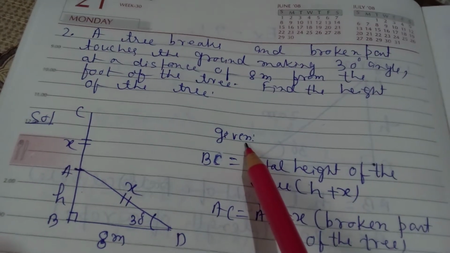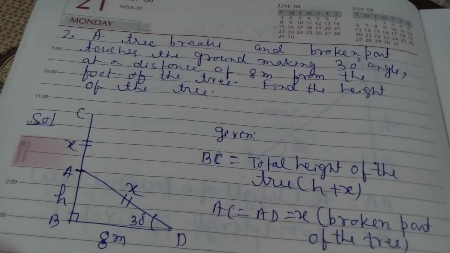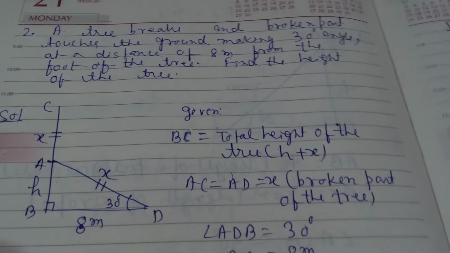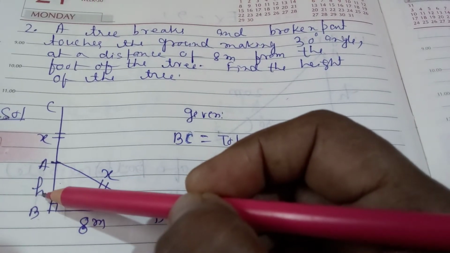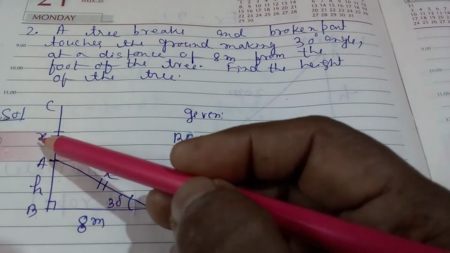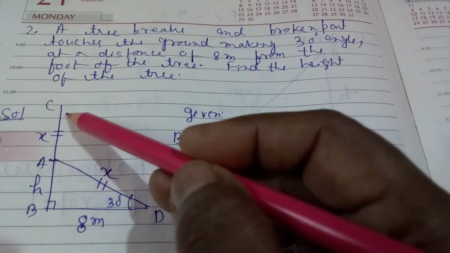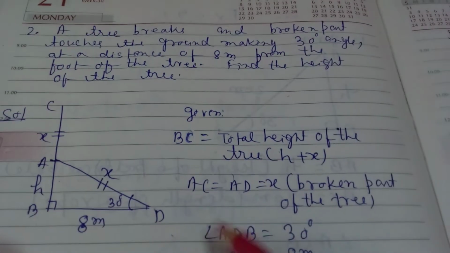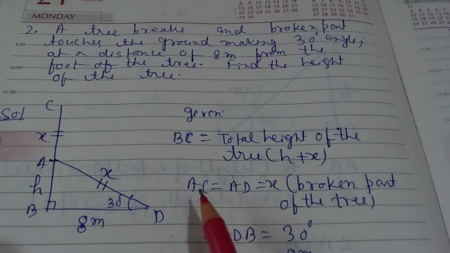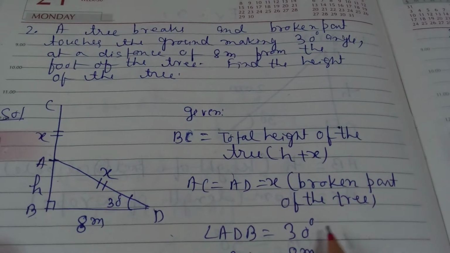BC, I have written here, BC equal to the total height of the tree. AB equal to H I have assumed, and AC equal to X, which is the broken part. The broken part AC touches the ground, so AC equal to AD equal to X, the broken part of the tree.